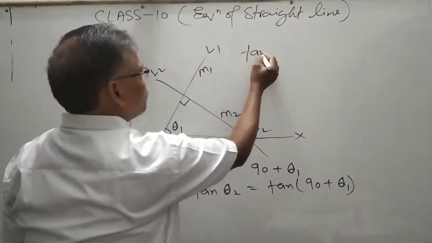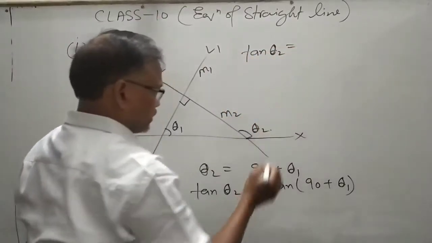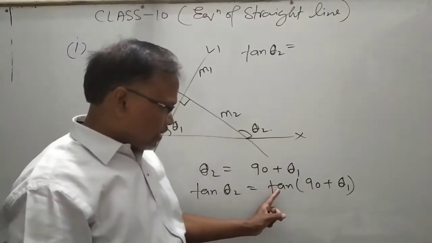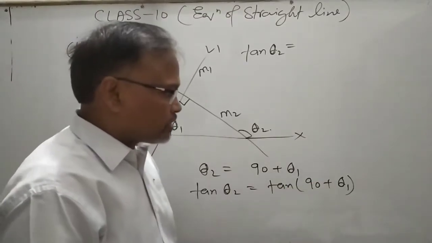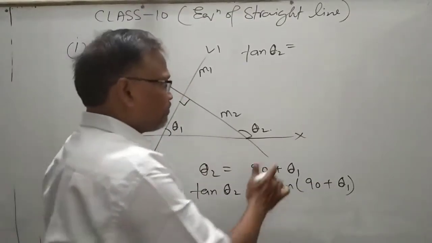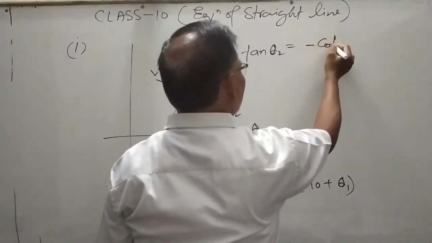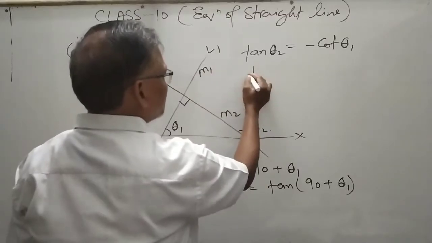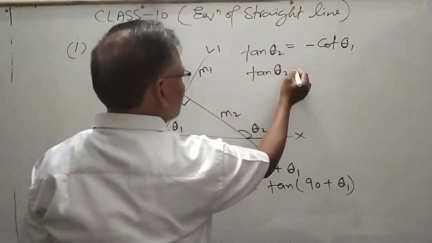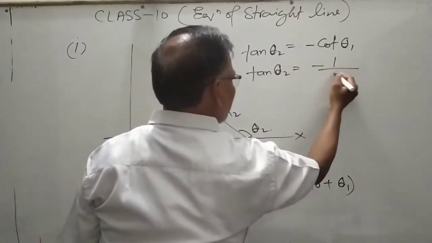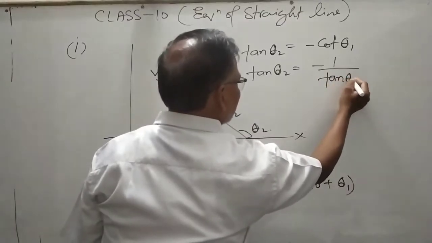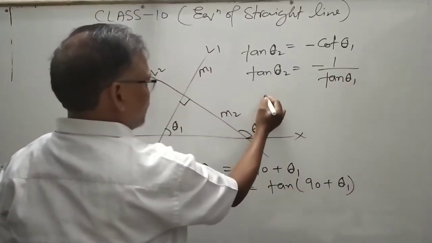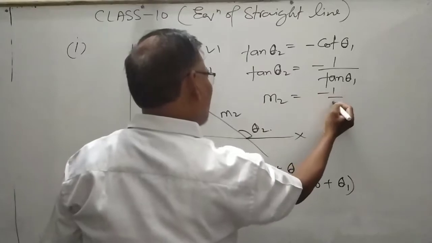From trigonometry, this comes to minus cot theta 1. And tan theta 2 is the slope m2, and tan theta 1 is the slope m1.